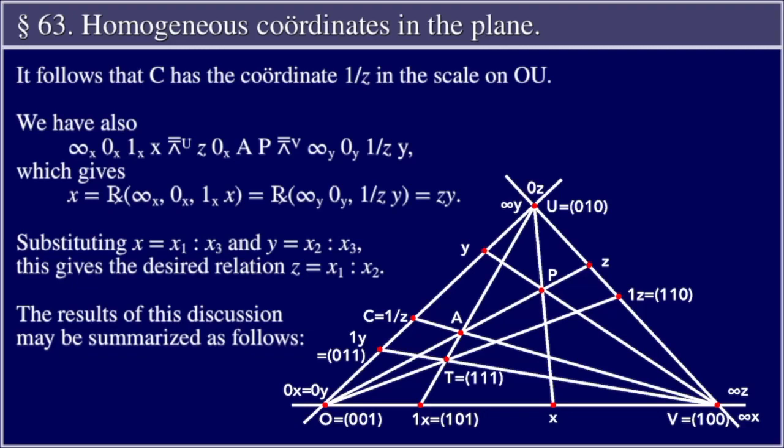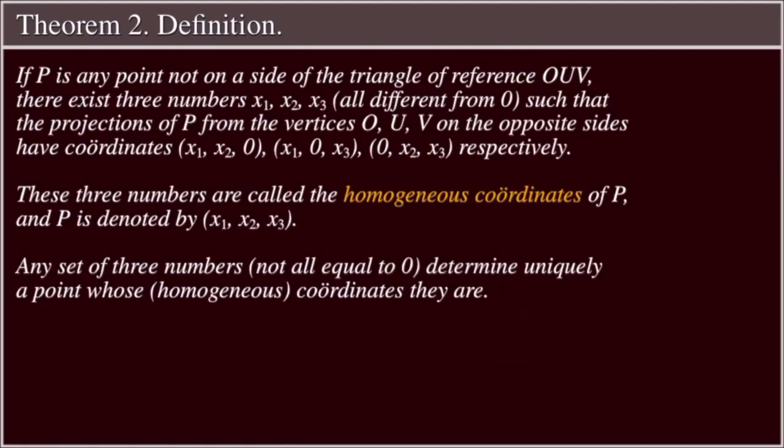The results of this discussion may be summarized as follows. Theorem 2, definition. If P is any point not on a side of the triangle of reference, OUV, there exist three numbers x1, x2, x3, all different from 0, such that the projections of P from the vertices OUV on the opposite sides have coordinates x1, x2, 0; x1, 0, x3; 0, x2, x3, respectively.